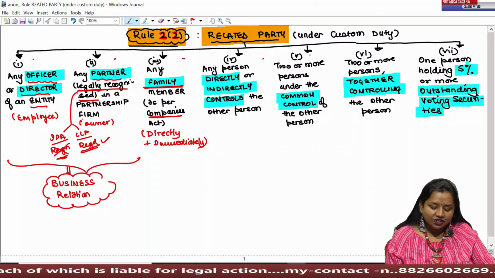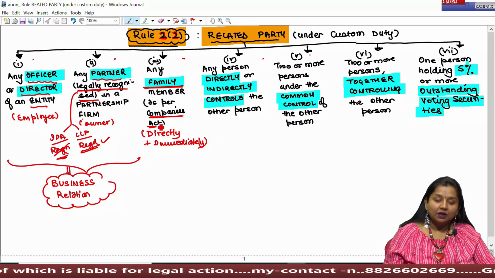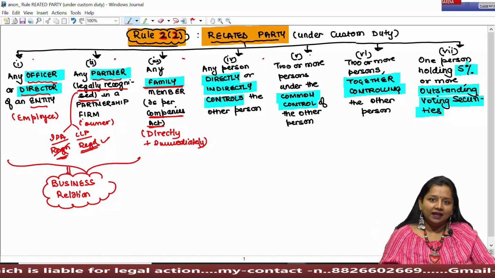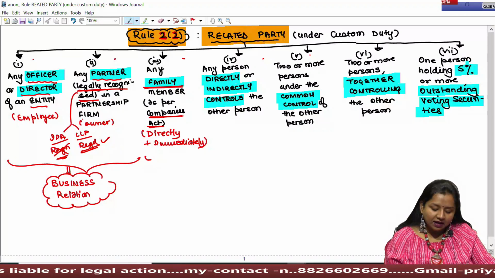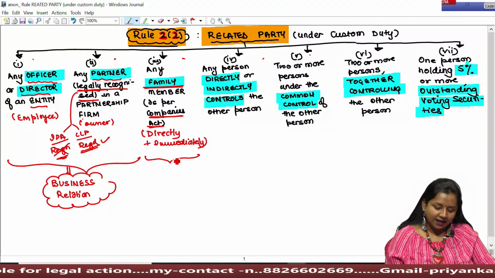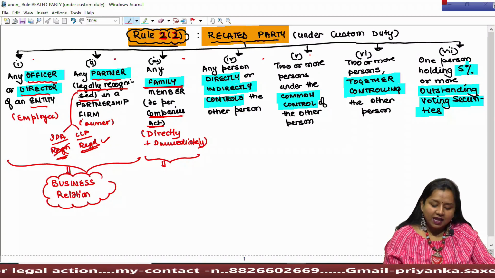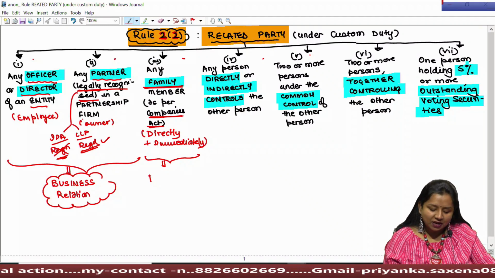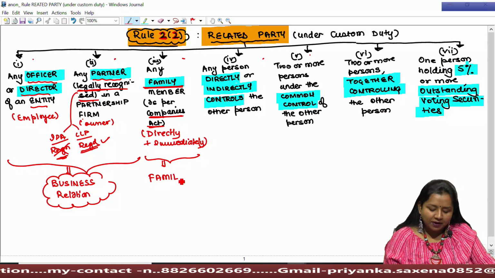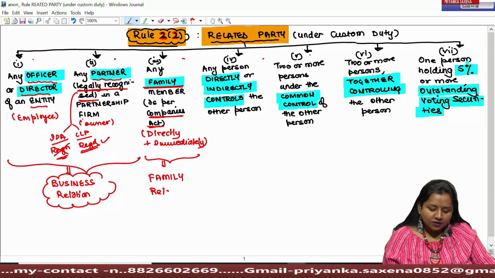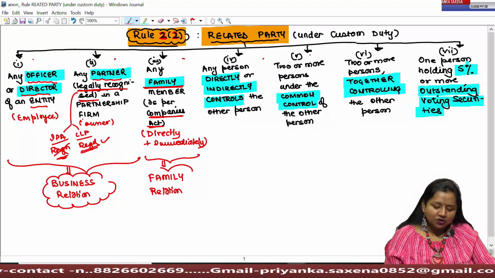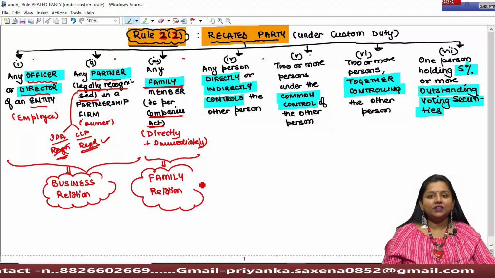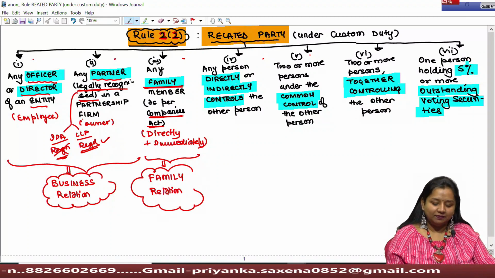The basic definition has been given under the Companies Act, which we can refer to in our detailed lectures. So in any case, the third relation shall be created due to family. So the first two relations are because of business, the next relation is because of family.